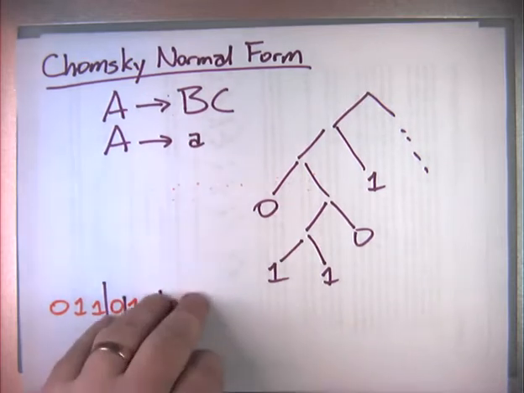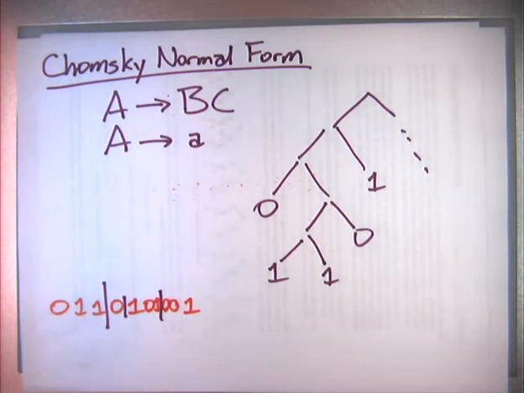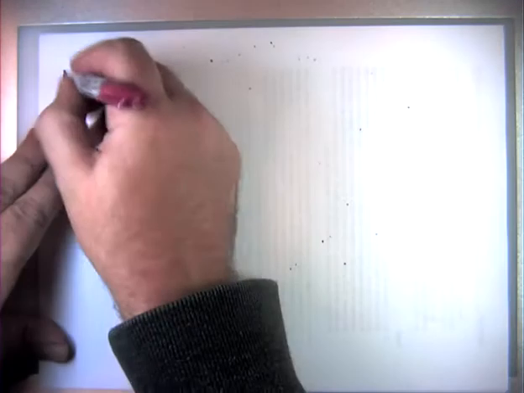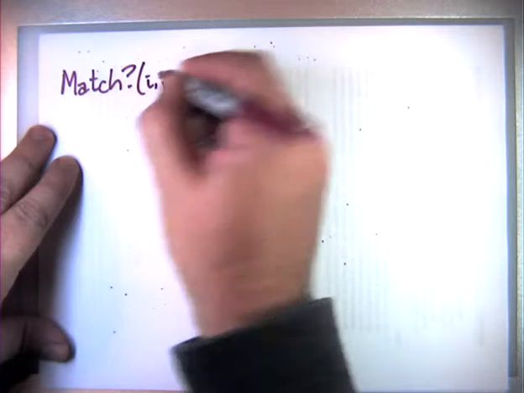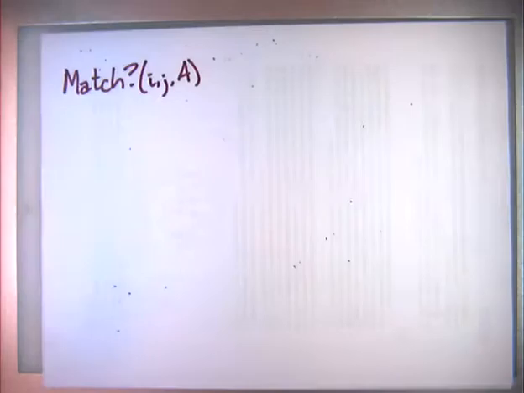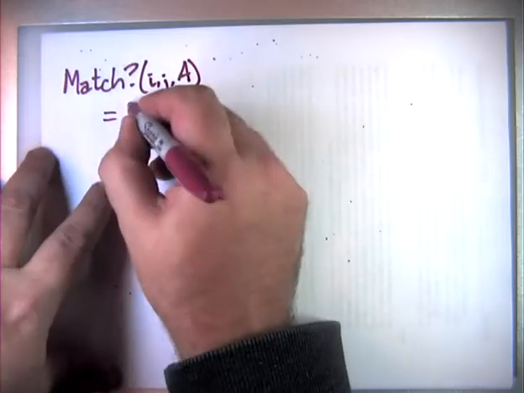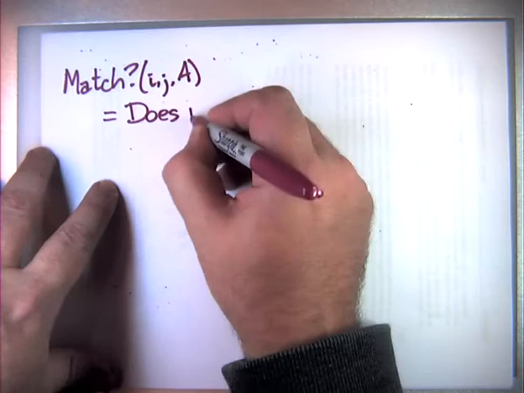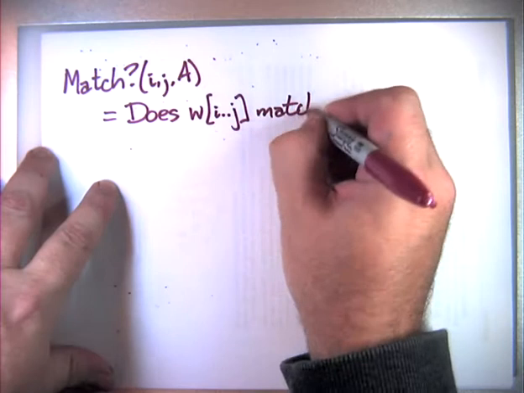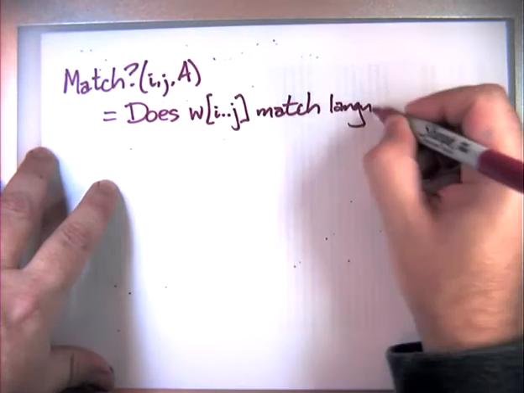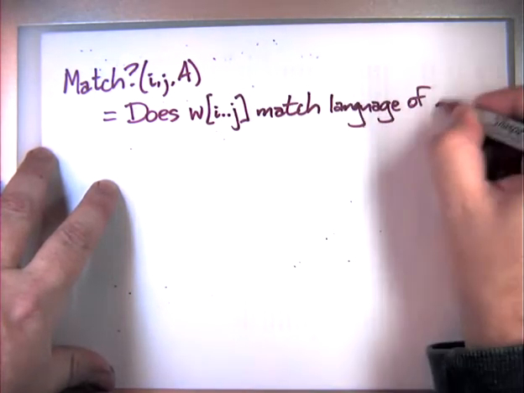Okay? So the general recursive problem that I actually want to solve might be described as follows. I, J, A. I and J are indices into the string. A is a non-terminal. The question is: does the string starting at index I and ending at index J match the language of non-terminal A?